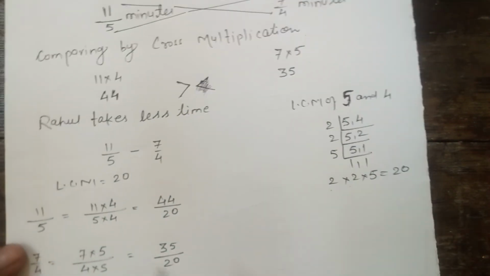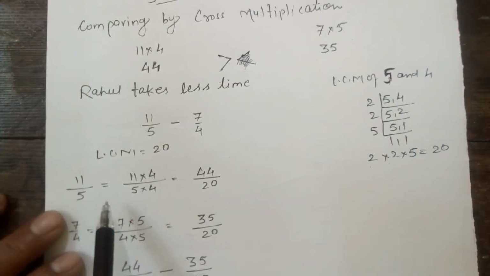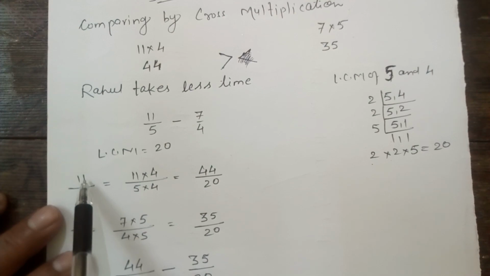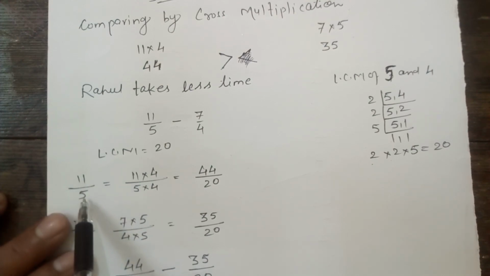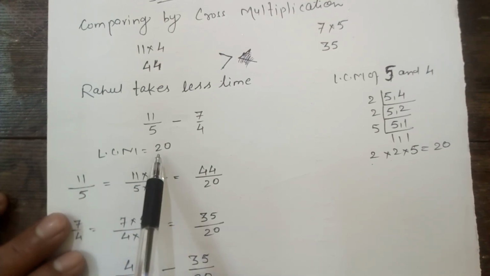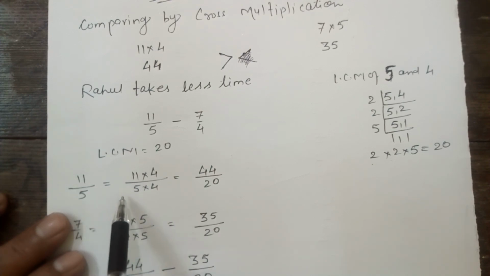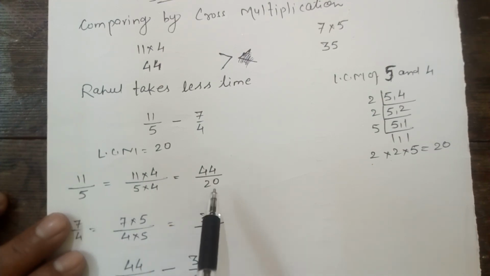Okay, then after what will you do? This is 11 upon 5, denominator 5 converted to 20. How? Look here, in numerator and denominator multiplied by 4. 11 4s are 44, 5 4s are 20.